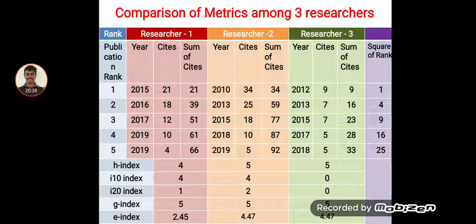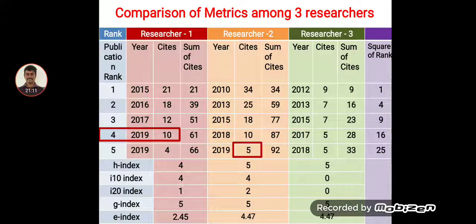Now coming on to the H index. The H index of researcher 1 is 4. Remember, the citation should be more than the publication rank. Here for researcher 1, the citation is 10, which is more than the ranking, which is 4. So the H index for researcher 1 is 4.